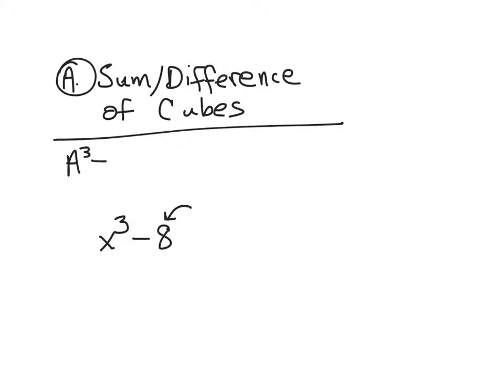Here's the formula for the sum of two cubes. If you have a cube number plus a cube number, then it's going to factor a plus b times the quantity a squared minus ab plus b squared.